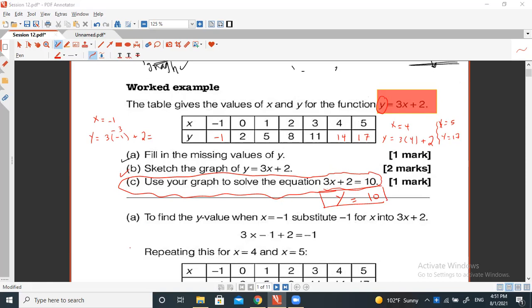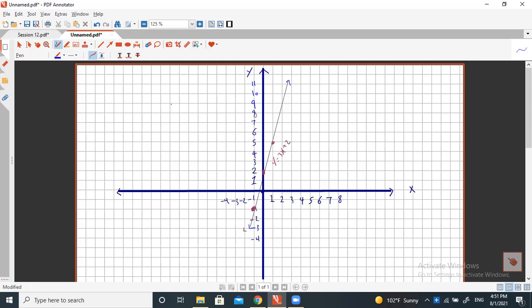Because in the formula, this is the place where y goes. Exactly, because here it's y equals 3x plus 2. So I can remove this one and write y, and then equals 10. Do you know how to graph y equals 10 here? How can I graph y equals 10?